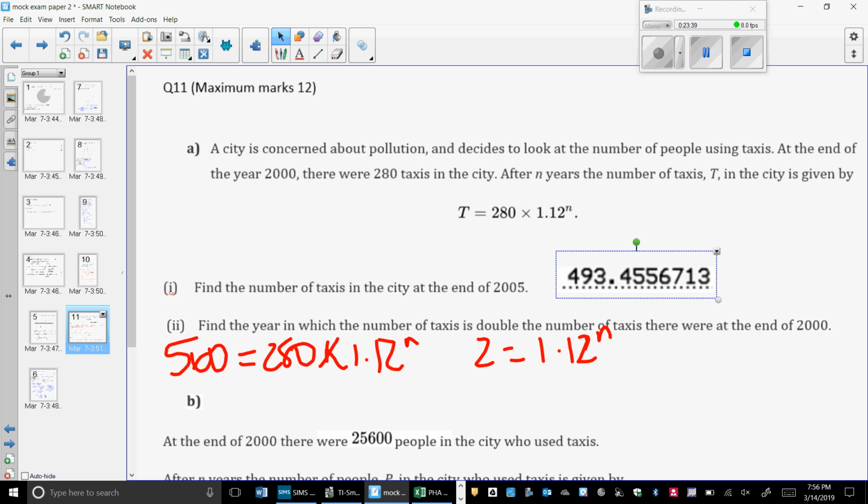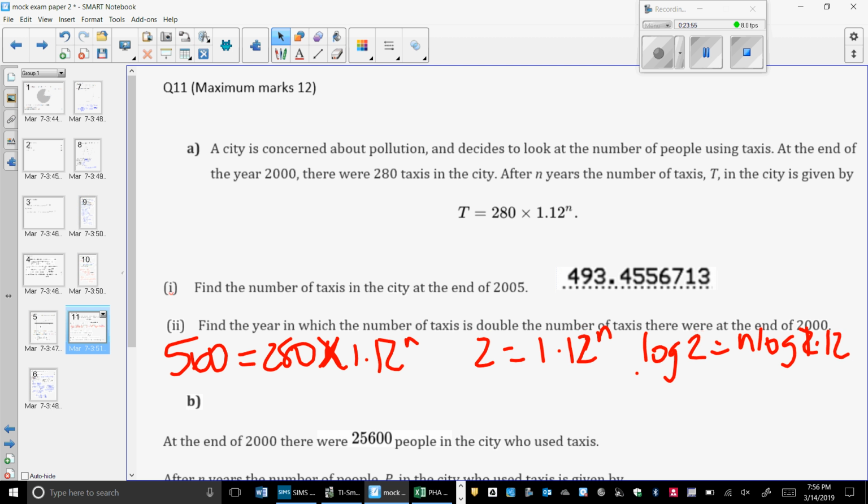So to solve this, you're going to take logs of both sides. So it could be ln or log. 1.12. So n is log 2 over log 1.12.